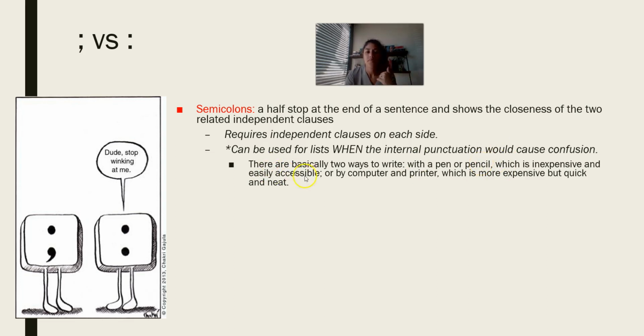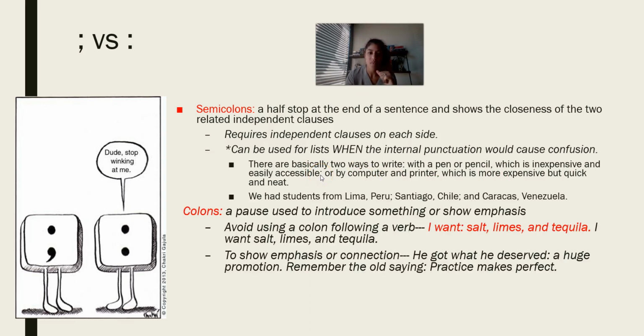So there are two ways to write: with a pen or pencil, and then some information about writing with a pen or pencil; semicolon, because now I'm going to the second way to write. If we just had commas, it would be a really long, confusing list. That's why you want to separate it.